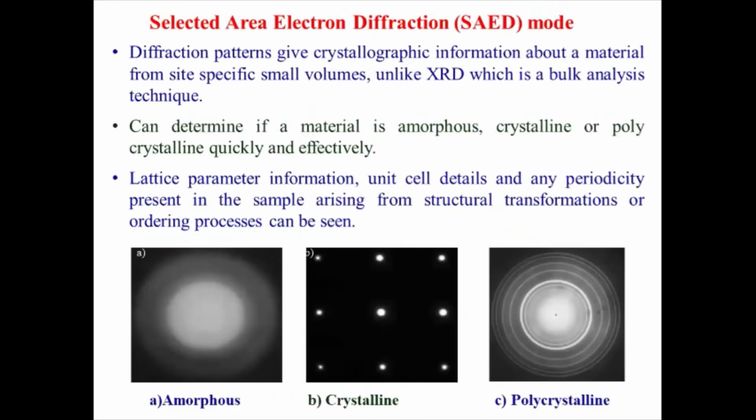And also a selected area electron diffraction image. So in TEM, there are three kinds of peculiar images observed for the electron diffraction mode.